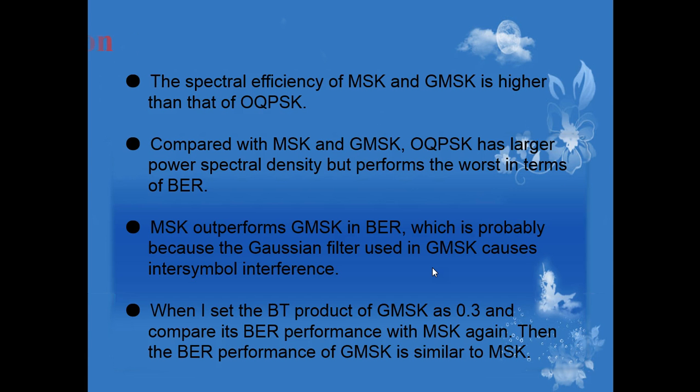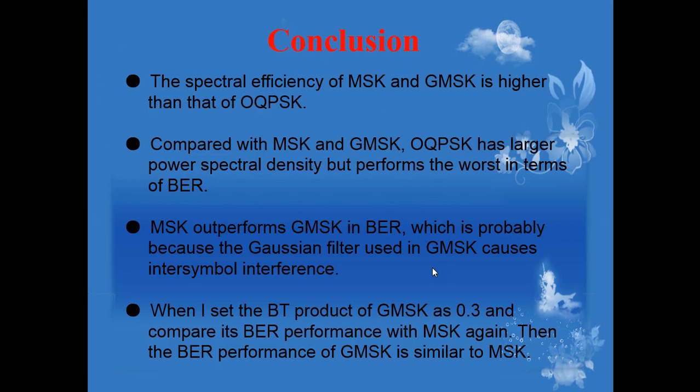So as a result, the spectral efficiency of MSK and GMSK is higher than that of OQPSK. Compared with MSK and GMSK, OQPSK has a larger PSD but performs the worst in terms of bit error rate.